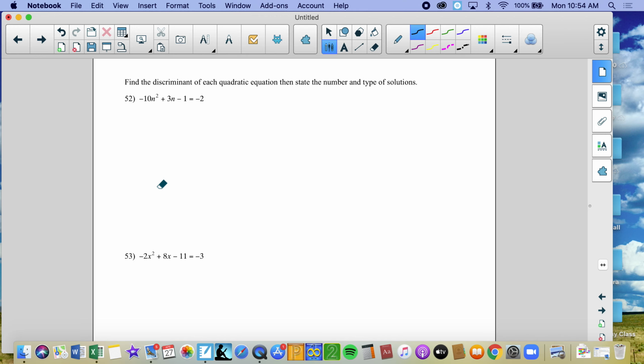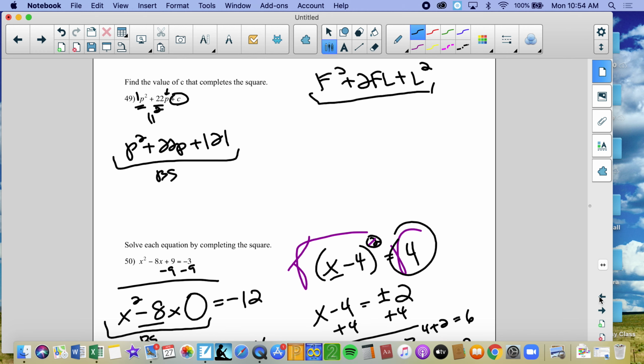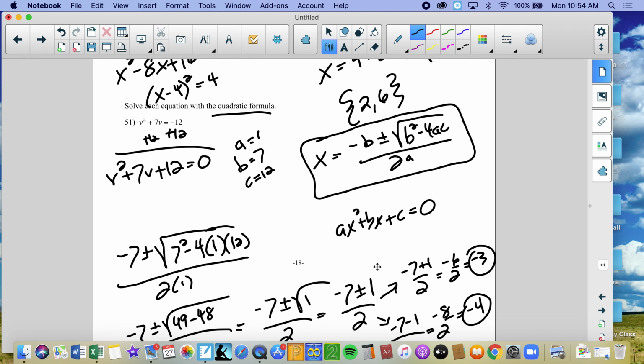Find the discriminant of each quadratic equation, then state the number and types of solutions. Remember, quadratic equations create parabolas, and parabolas look like that. So when we find these solutions, they're actually called the zeros, and they're called the zeros because notice we set this equation equal to 0, and this is really equals y.